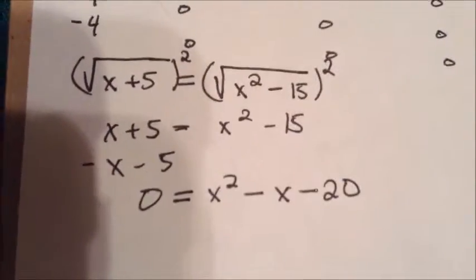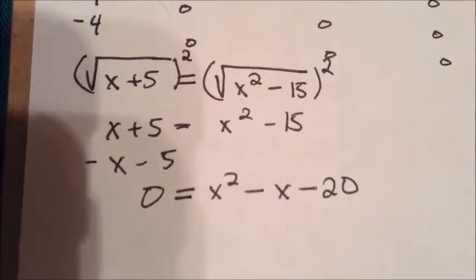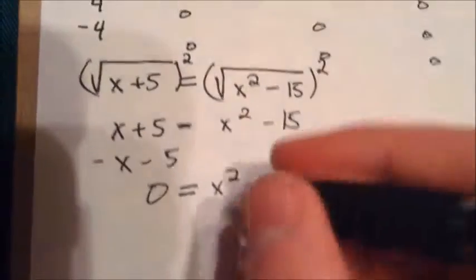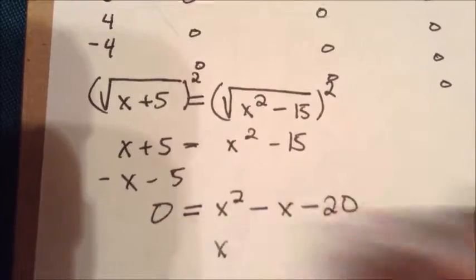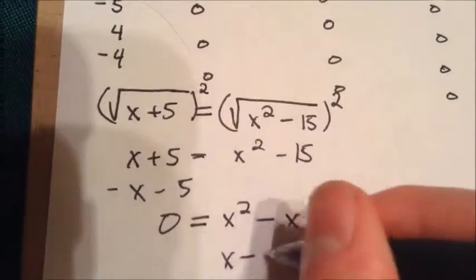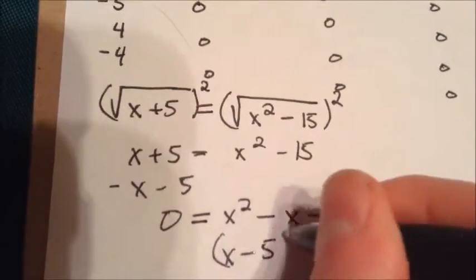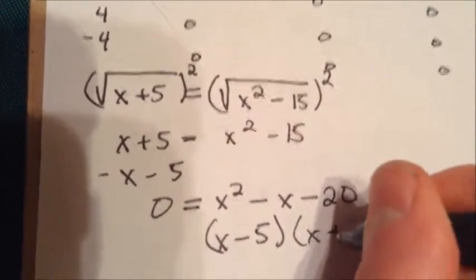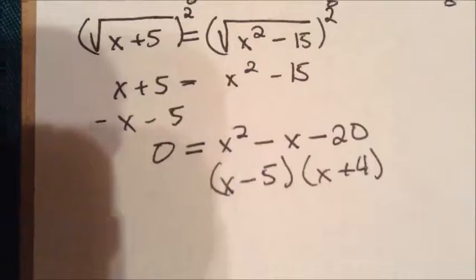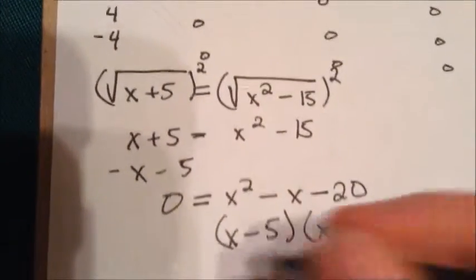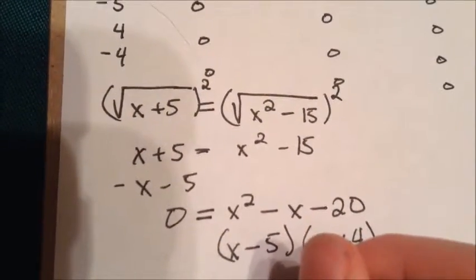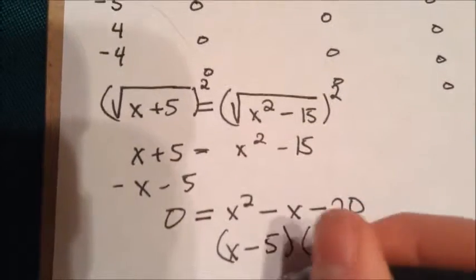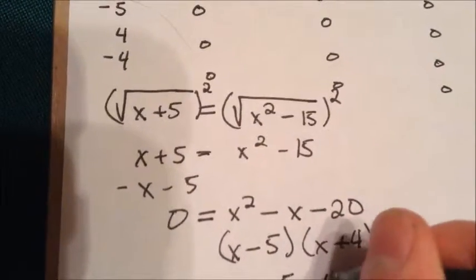Now you can take out two possible answers. x minus 5 or x plus 4. You set them equal to 0 and it gives you x equals 5 or negative 4.